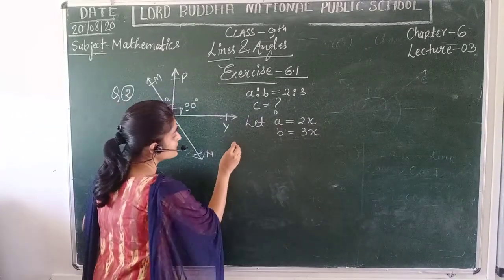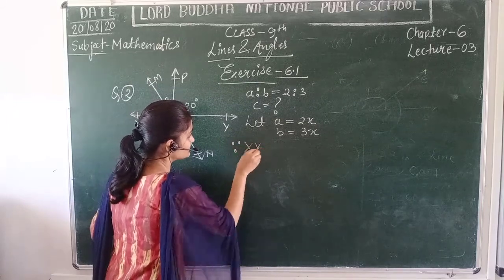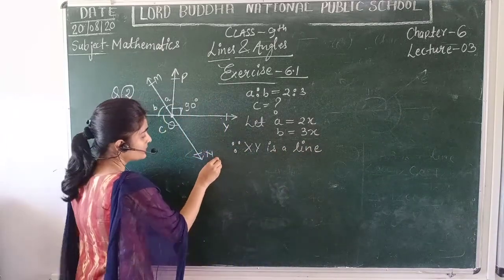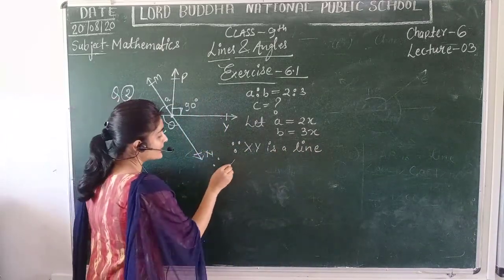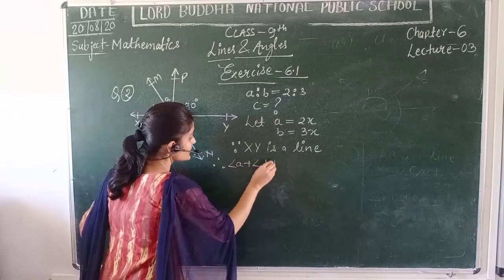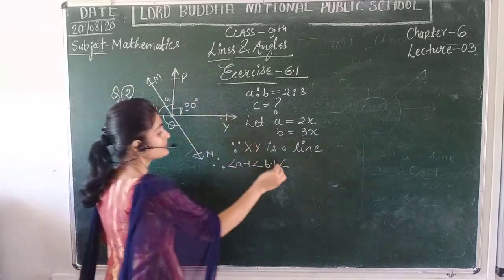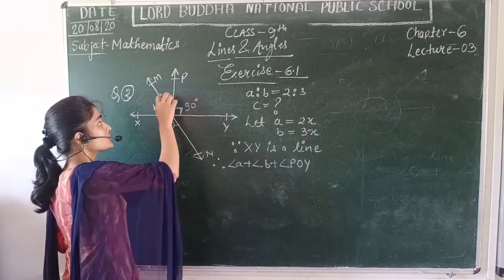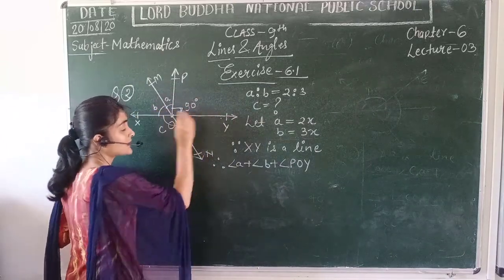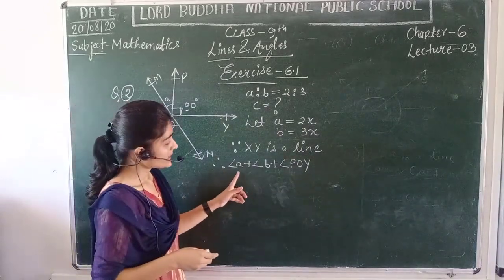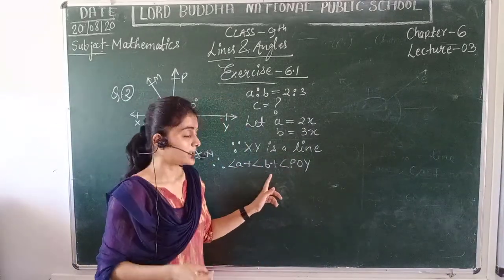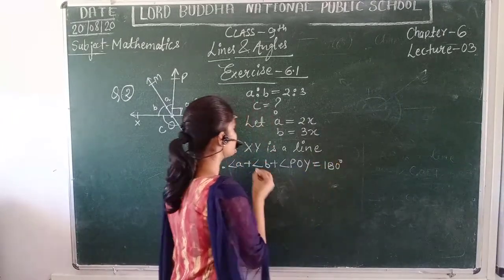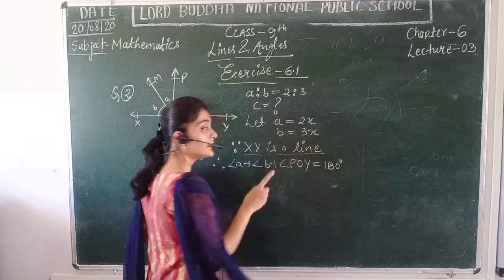So we will write, since XY is a line, therefore angle A plus angle B plus angle POY, which is 90, because all three angles are formed on this particular line XY, sum up to 180 degrees. Why? Because they are formed on a line.